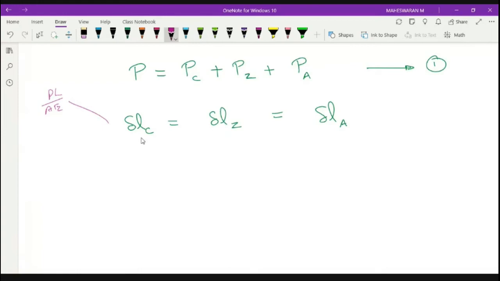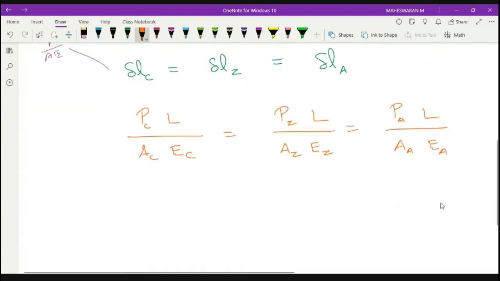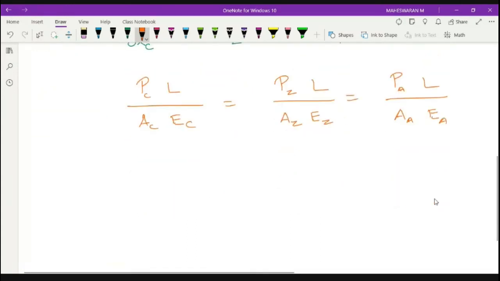I can write this as PC, L is common, divided by AC EC, is equal to PZ, L is common, divided by AZ EZ, is equal to PA, L divided by AA EA. To identify the relations, I'm going to consider these as equation 1, equation 2, and equation 3.